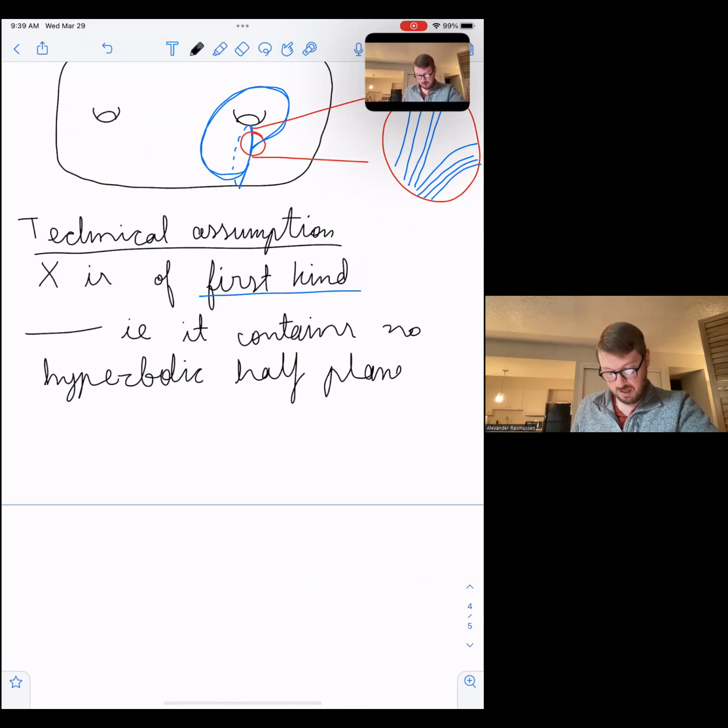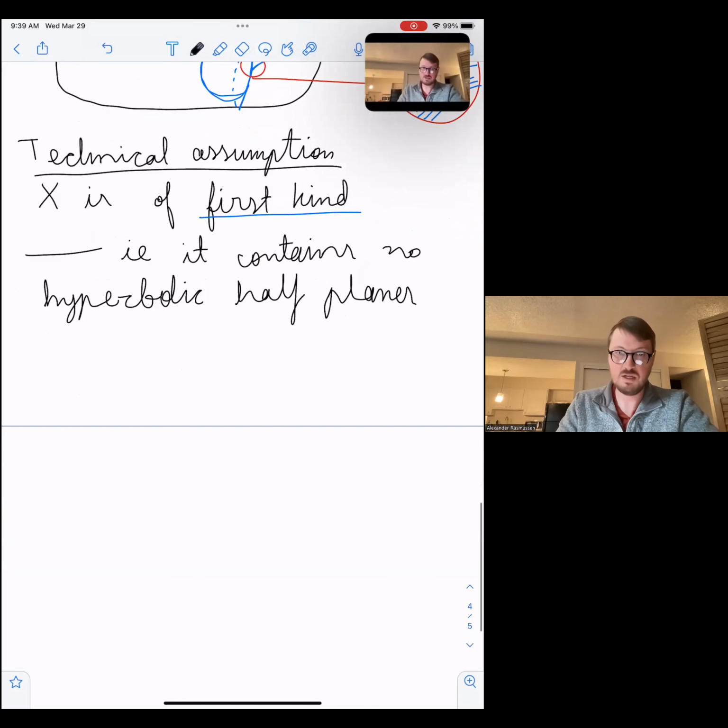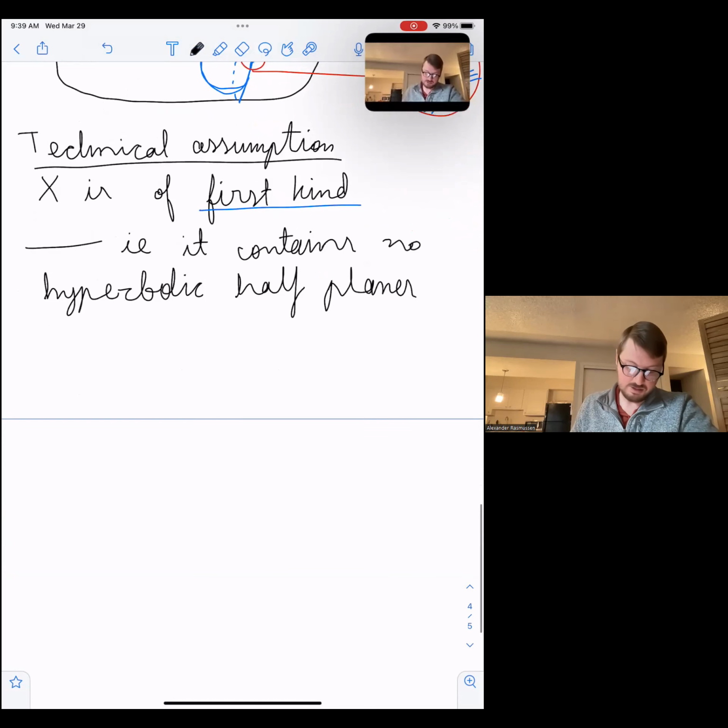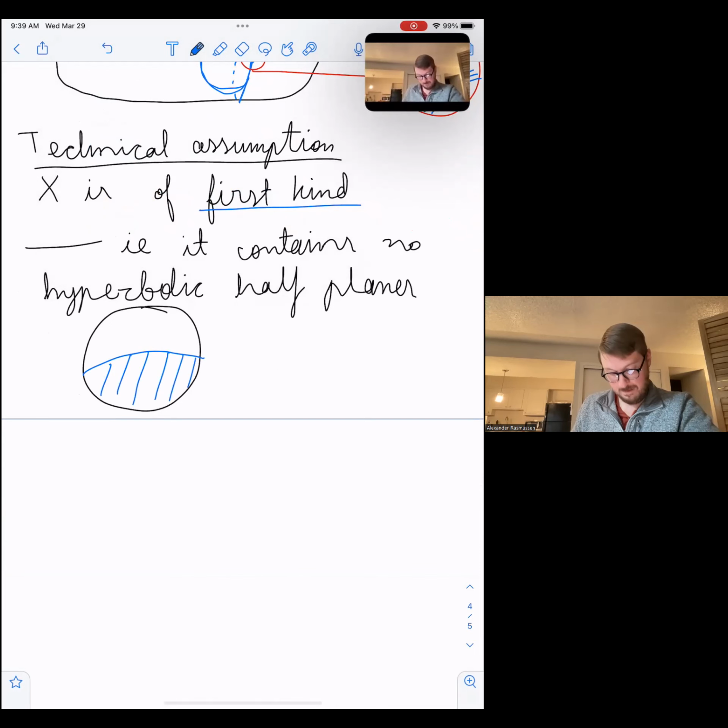A hyperbolic half plane is basically what you would imagine. You just take the hyperbolic plane and take a half plane inside of it. And you don't want to see a copy of this half plane isometrically embedded inside of your surface.